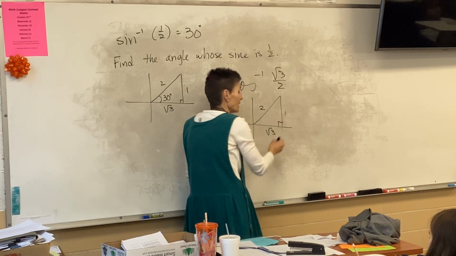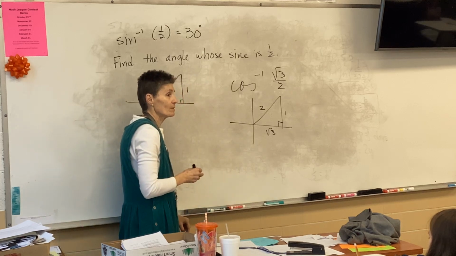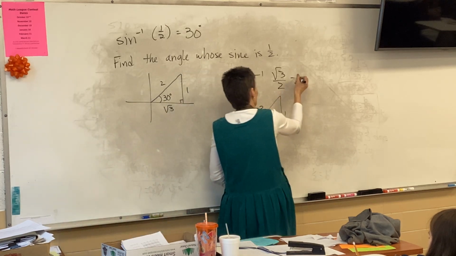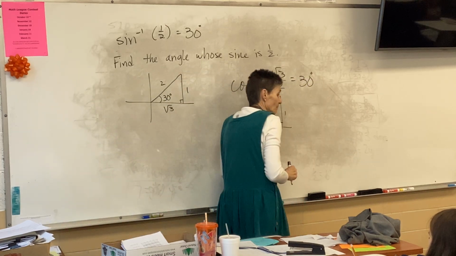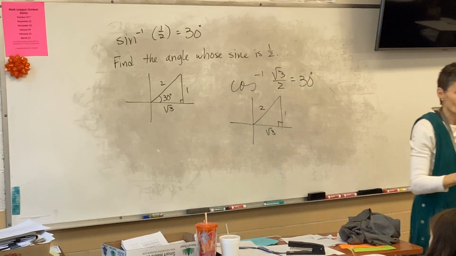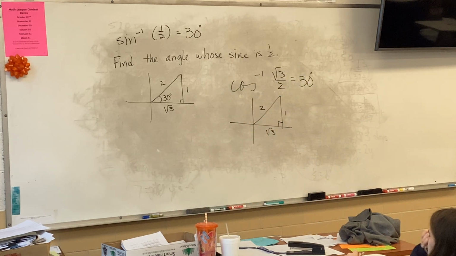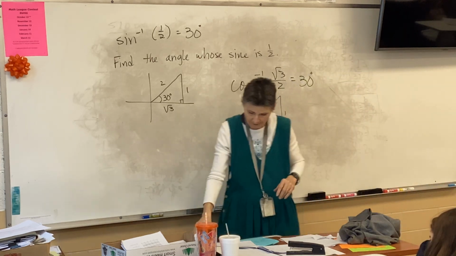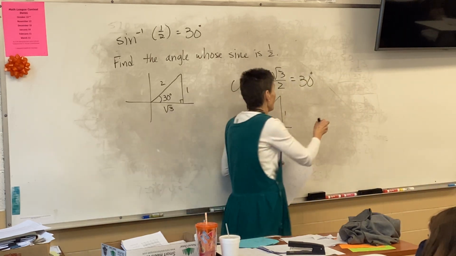Is that the same? So the answer to that one is also 30 degrees. Now remember, if you are doing this without a calculator, you are always going to be either 30, 60, or 45, some version of that. So don't be alarmed if you get the same answer more than once. It's to be expected.